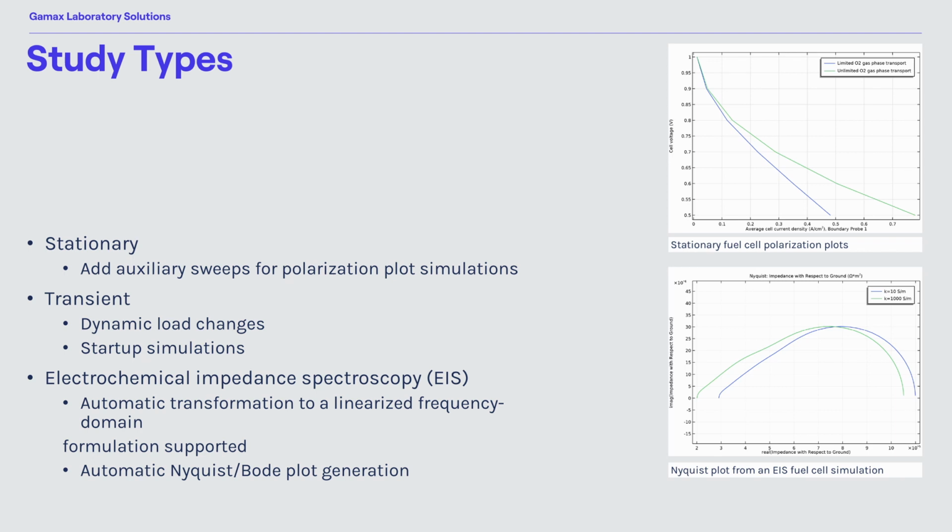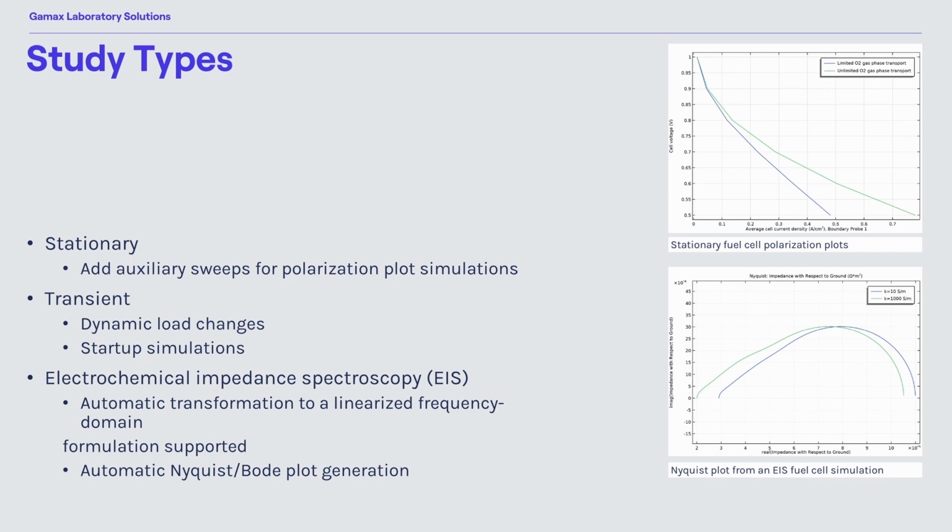The different cells, proton exchange or solid oxide, have different ranges in how fast they can react to changes on the load side. So you can run full transient simulations to look into that, to see how the model behaves if there is some sort of sudden change in the load. And EIS is also possible, so that's also enabled.